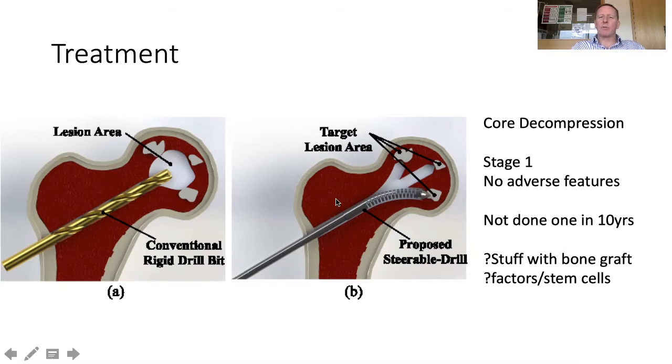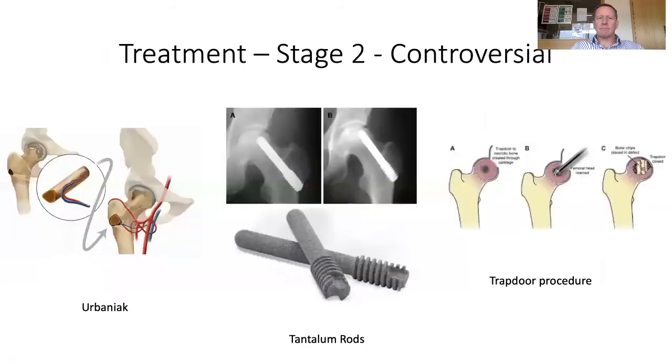And if you've got more than one segment and you've got a bendy drill, or if you can use the bendy drill to make multiple perforations in one very large segment, then perhaps that's all the better. Treatment of stage 2 is controversial, and like everything in orthopedics, where you get a condition where there are lots of operations described, then the odds are none of them are particularly successful.